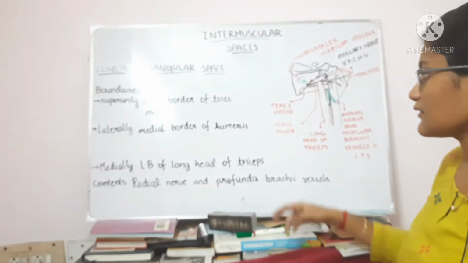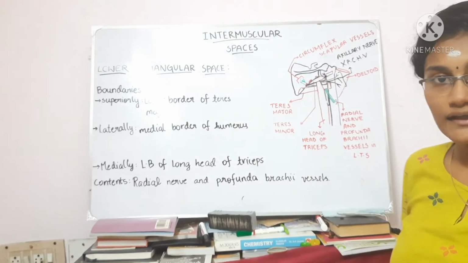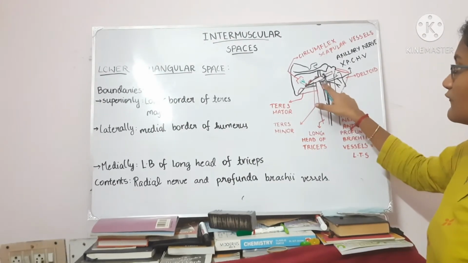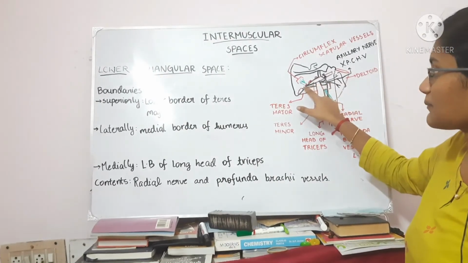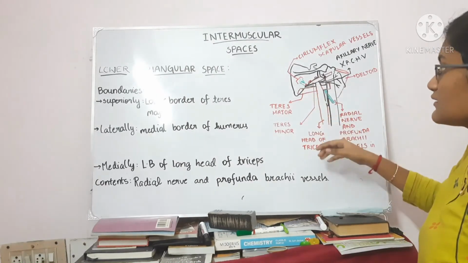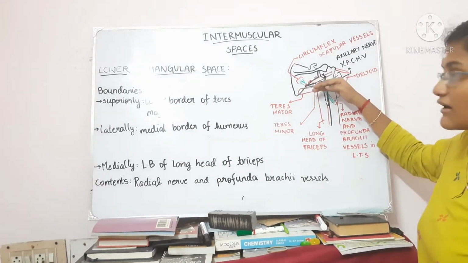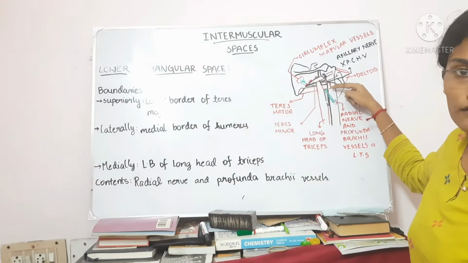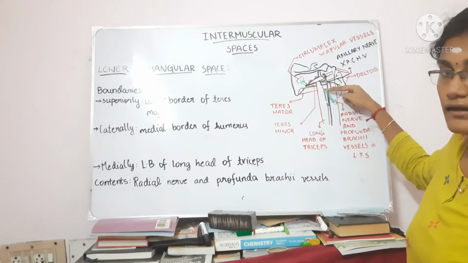So as you can see, the superior border of the teres major binds the inferior border of the upper quadrangular space and the lower triangular space, and the inferior border of the teres major binds the superior border of the lower triangular space.